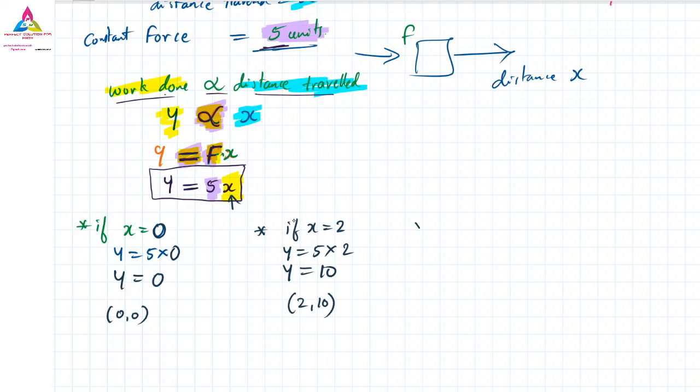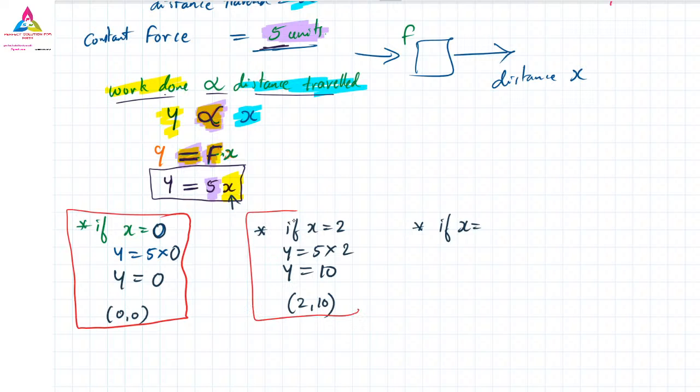Now we need a third point, and for that we can take any other number. But these two are very important because they have told you to find these only. So x is equal to 2 is finished. Now if you want, you can go for 3.